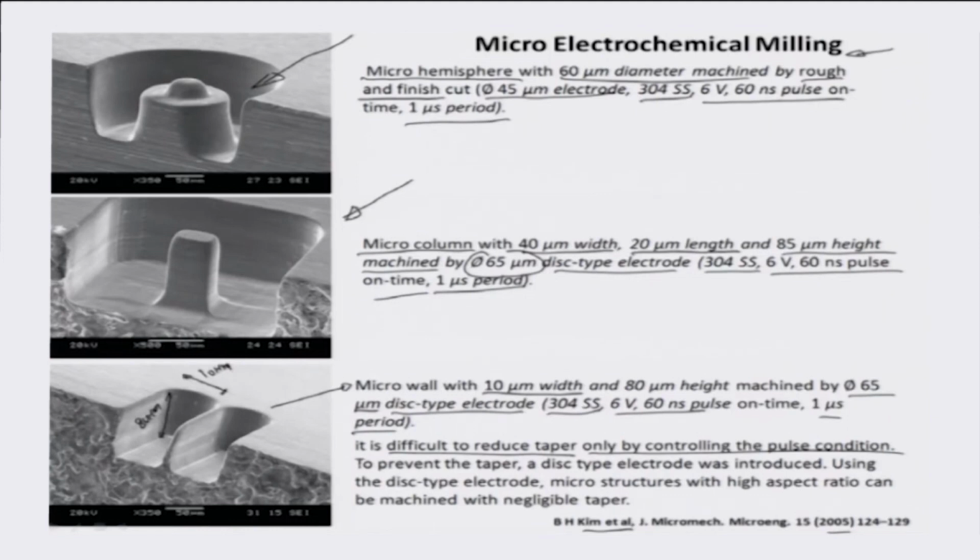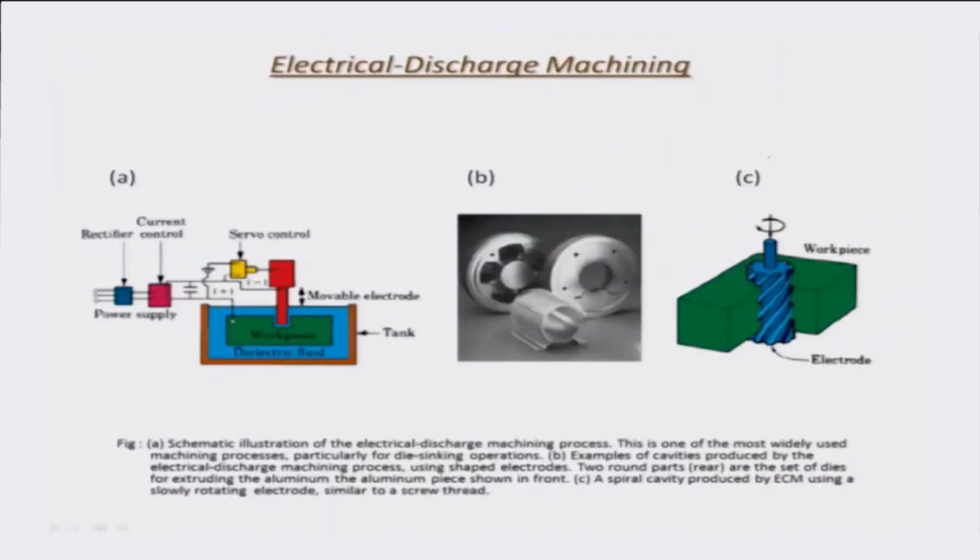And so typically a better idea would be to use a disc type of electrode, which in this case they have used, and you can actually have high aspect ratio of your microstructures if the milling tool is disc shaped. So, again some very nice illustrations of ECM.